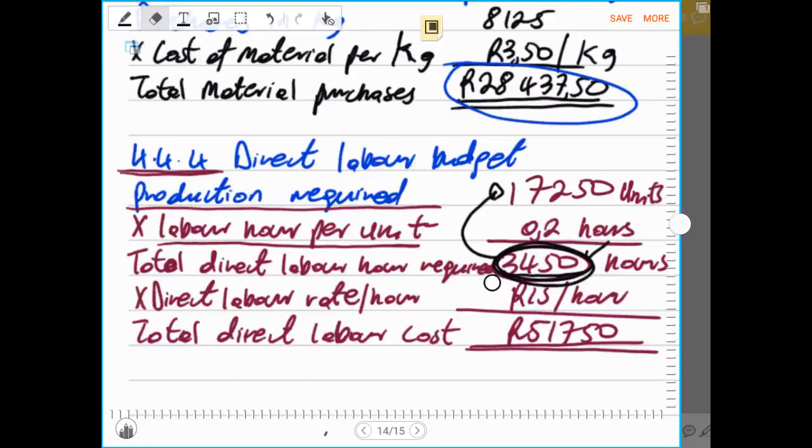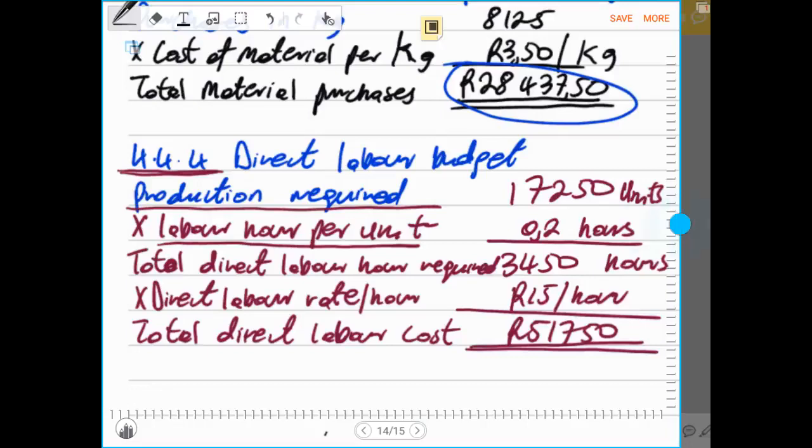Therefore, that will be the production budget. So now let us move slowly to the next budget, and we'll see what the next budget has for us.